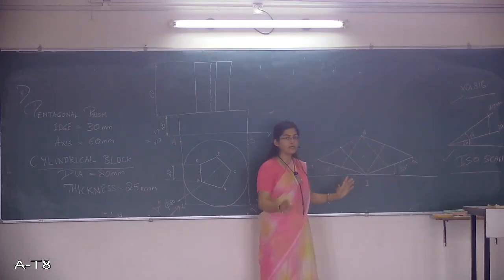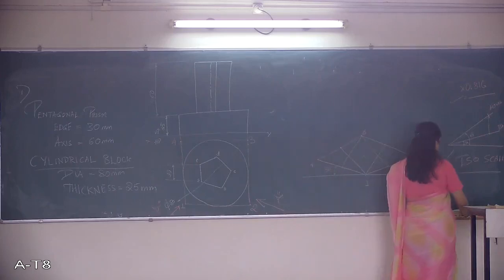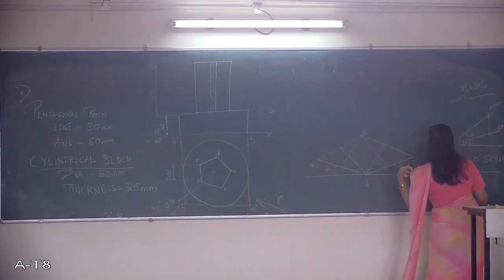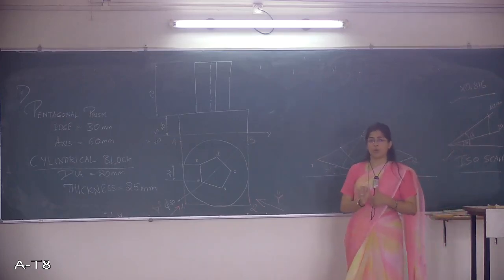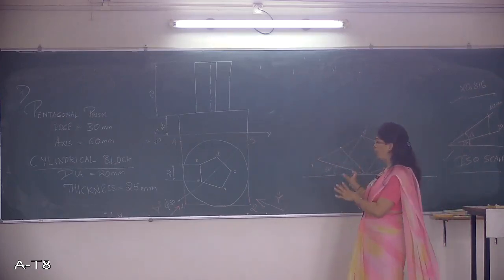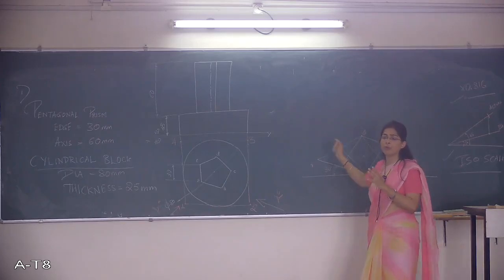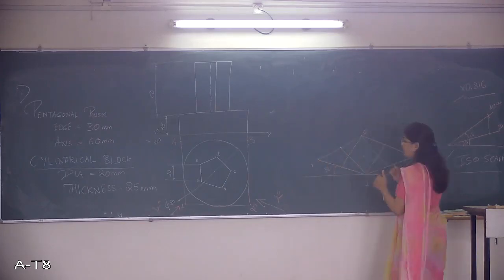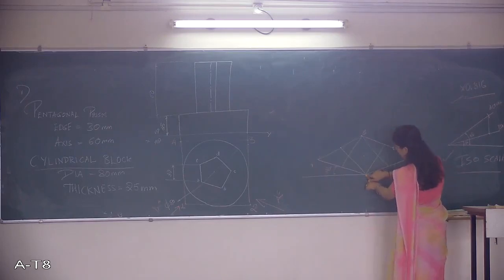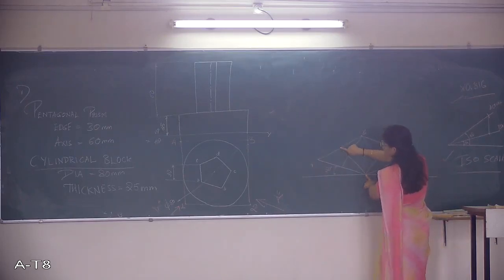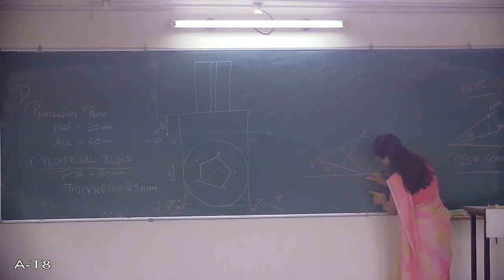Once you get this, then you can draw the ellipse. How do we draw the ellipse here? I said this is by the 4-center approximate method. So there are going to be these 4 centers here that we are going to refer to and complete the ellipse. Take the compass, keep the point on 1 and the other end of the compass here on this end. So this is 1 center of drawing.